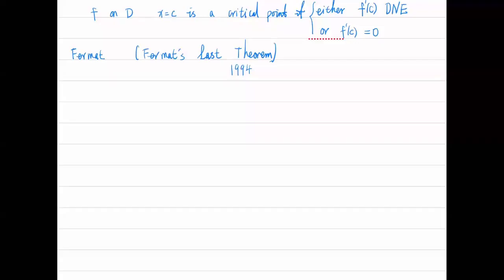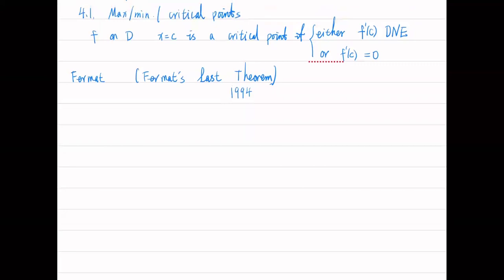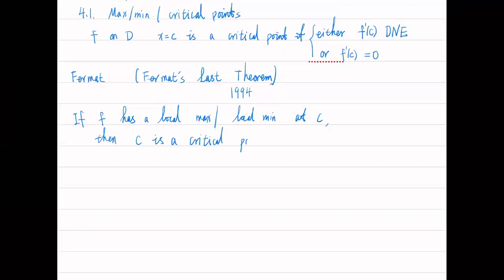So his theorem, if we reformulate using the new notation, the critical point, we can see that if f has a local max or a local min at C. Local max, local min is something.